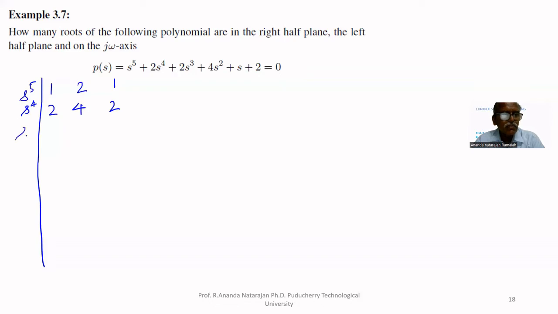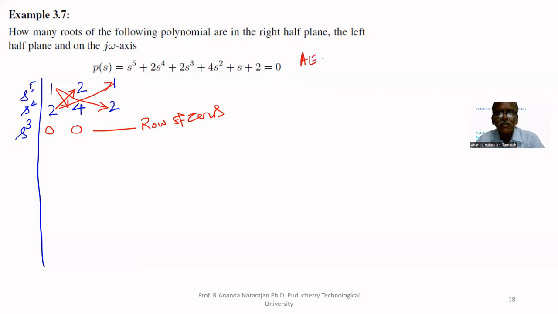So now we have to form S power 3. 1 multiplied by 2, minus 1 multiplied by 4, that is 4 minus 4, divided by 2, that is 0. Then 2 multiplied by 1 minus 1 multiplied by 2, again 0. So what you get is a row of zeros. Therefore, we have to form the auxiliary equation.